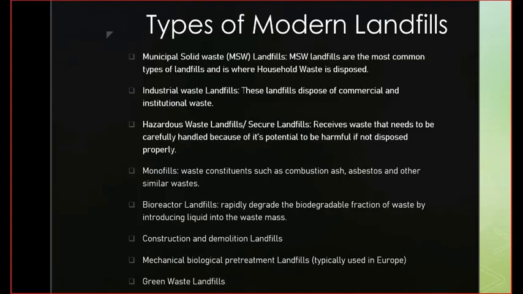And then come the construction and demolition landfills, where we store the residues of construction areas like cement and those things. Then there are mechanical biological pre-treatment landfills, usually used in Europe. Then come the green waste landfills, which are used for green waste and composting basically.